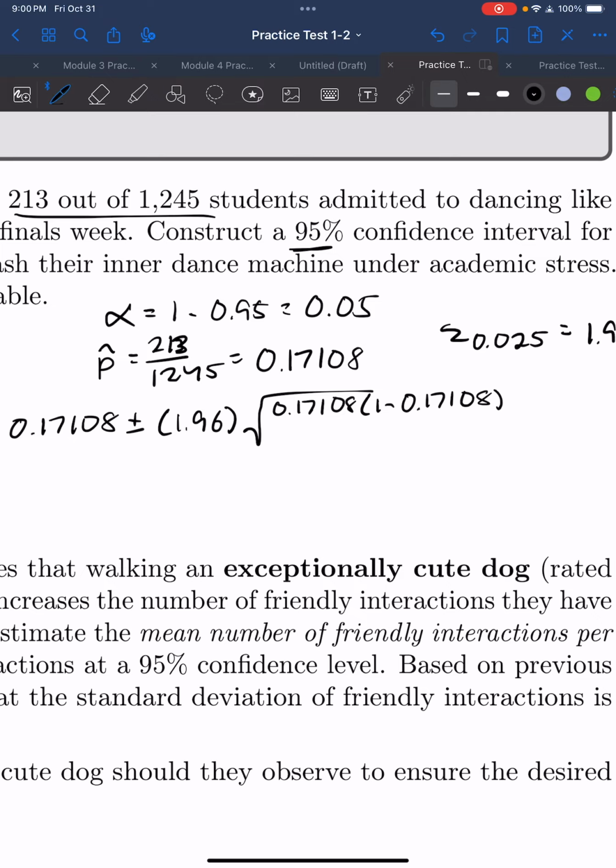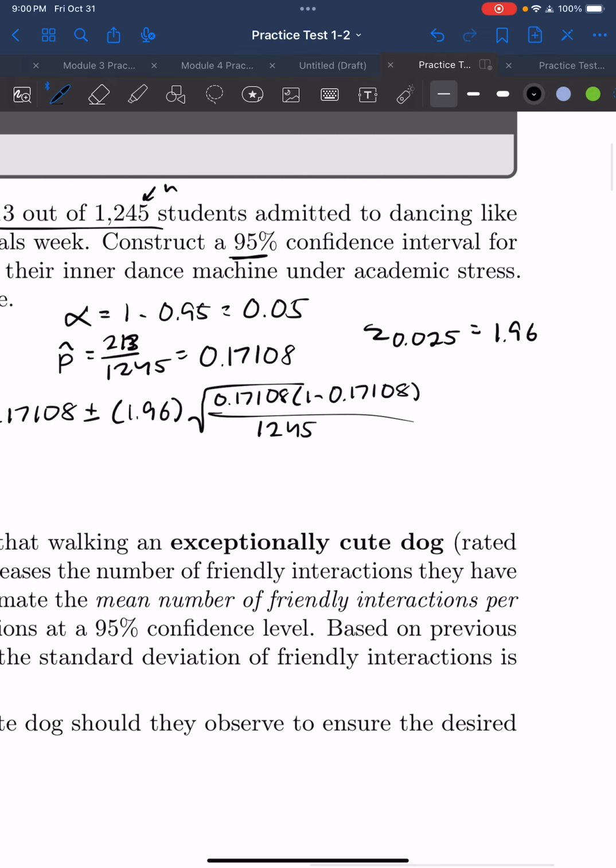Well, this isn't our p-value, this is our p-hat. So our p-hat and then 1 minus our p-hat, and divided by our sample size n, which is 1,245. So that's our n. And then all of this is in our square root.